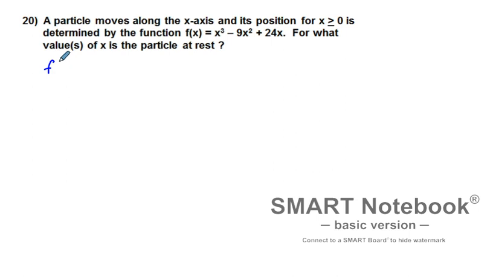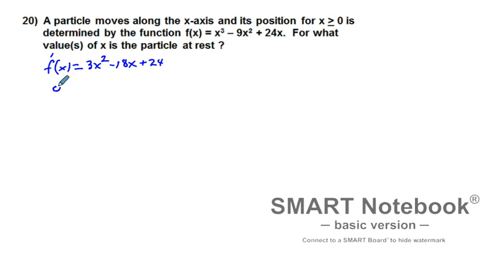To find that out, we're going to take our first derivative, so f prime of x is equal to 3x squared minus 18x plus 24.